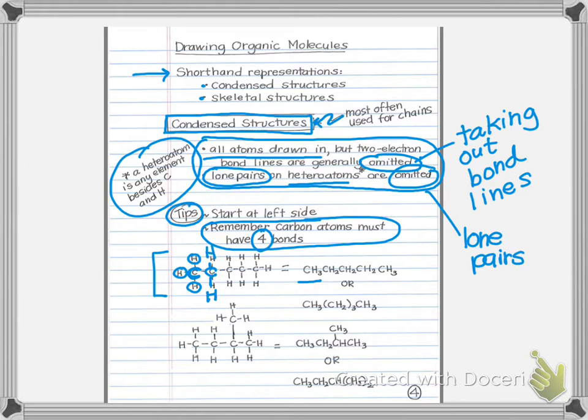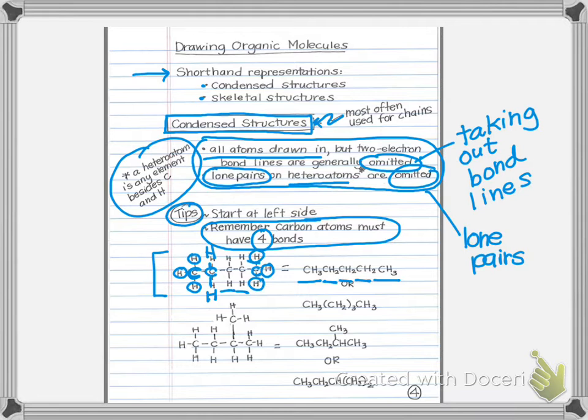So I write a C, a carbon, and then what's attached to it? CH2. Now notice there's a CH2 and a CH2. There's 2 more. CH2, CH2, and then we get to the last one. You have a carbon, and it has 1, 2, 3 hydrogens attached to it, so we write CH3.